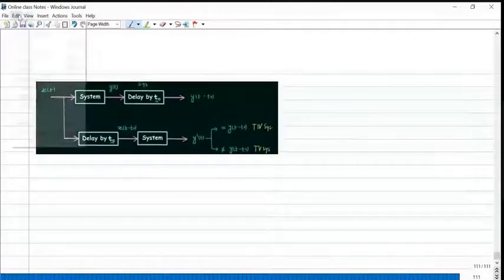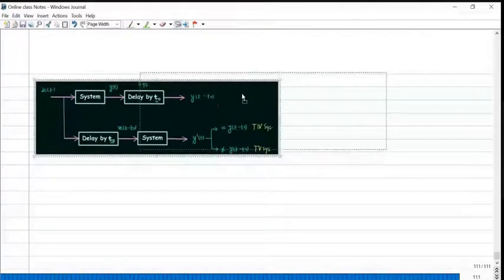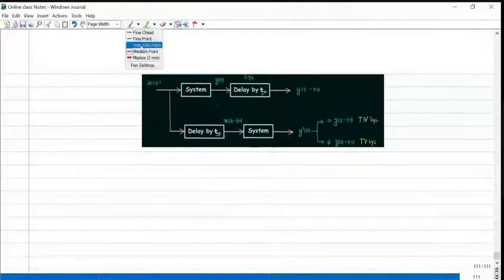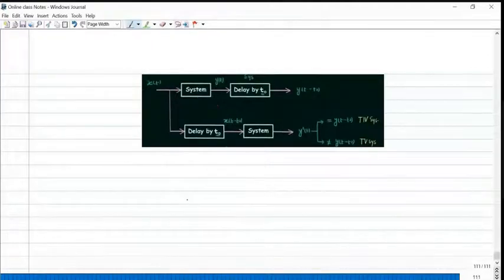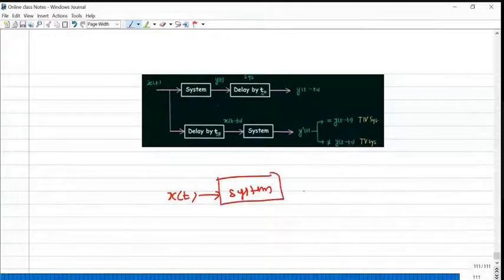To solve this particular problem, whether the system is time variant or time invariant, two conditions we have to check for the given expression. One is x of t to the system, the system gives some output y of t.